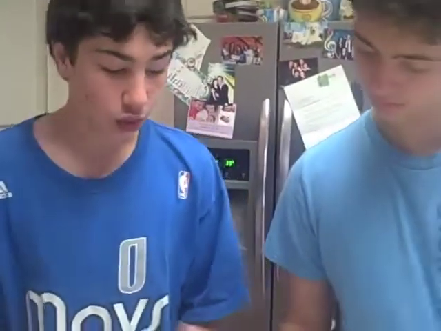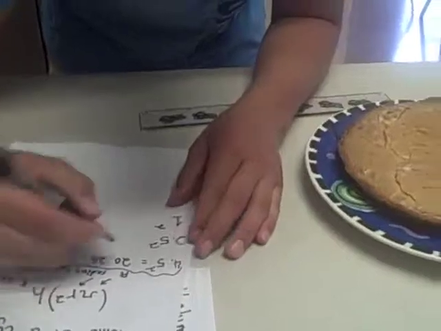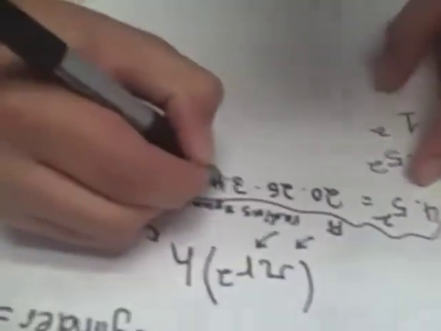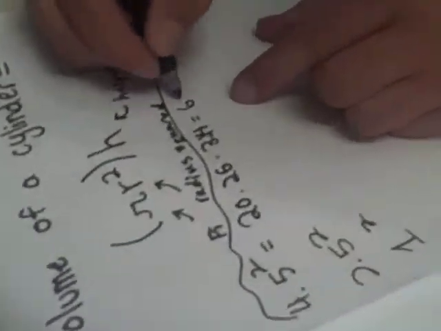So 4.5 times 4.5 is 20.25, and we're going to multiply that by 3.14 because we're not going to use the pi symbol. 20.25 times 3.14 equals 63.585.